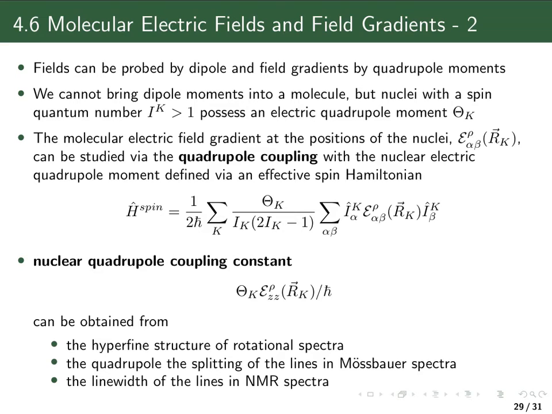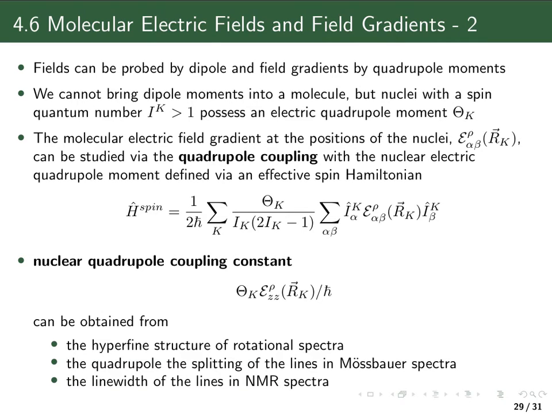Now the product of the quadrupole moment of the nucleus and the ZZ component of the electric field gradient at the position of the nucleus divided by h bar, where the ZZ component is the largest diagonal component of the electric field gradient tensor, is called the nuclear quadrupole coupling constant.